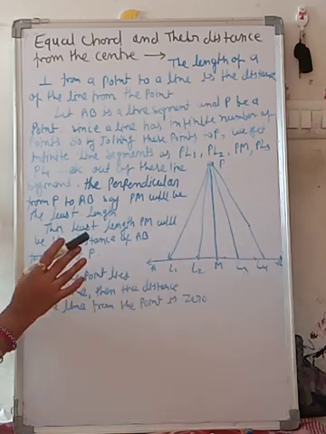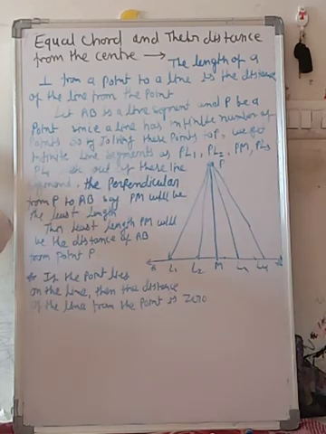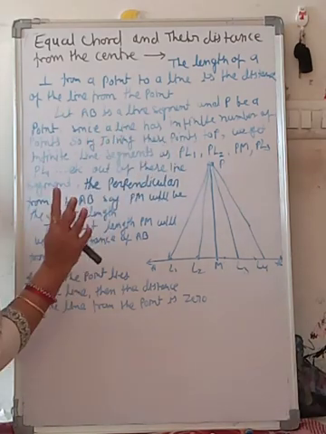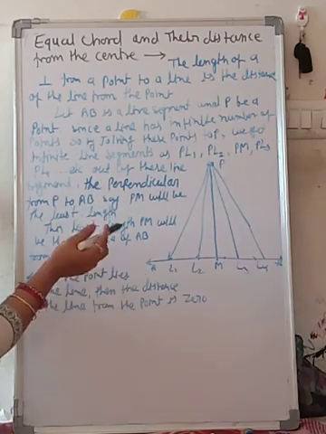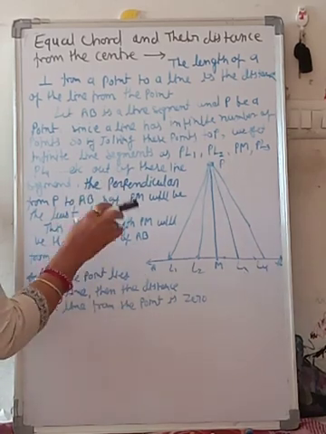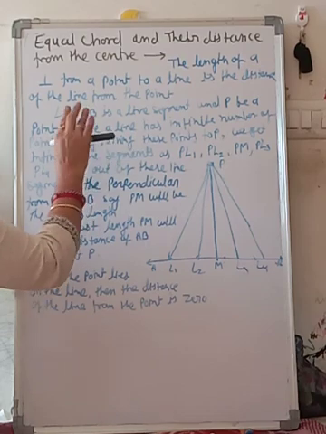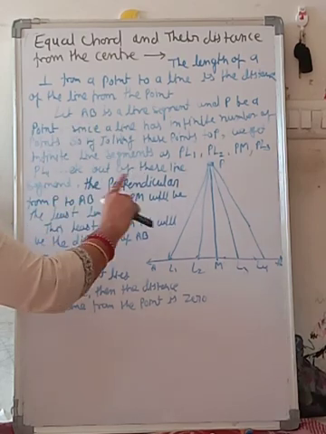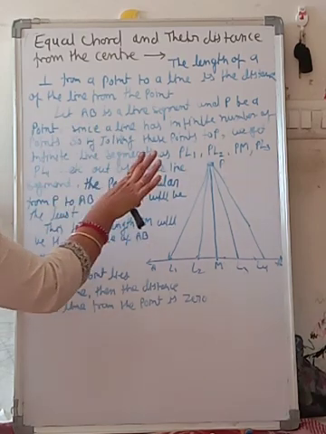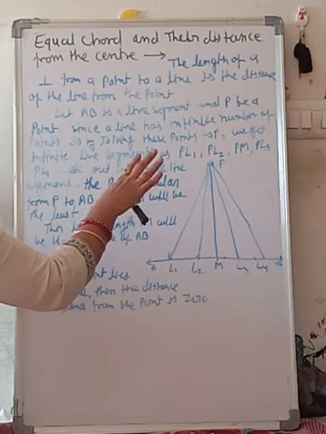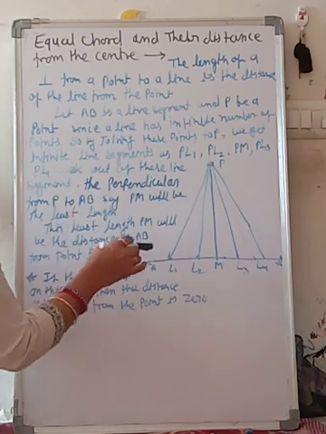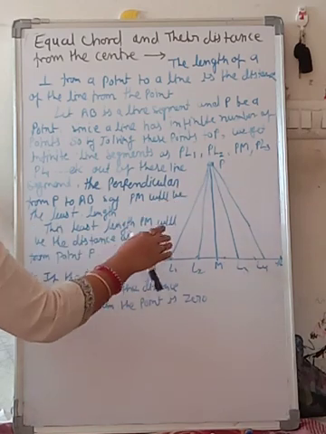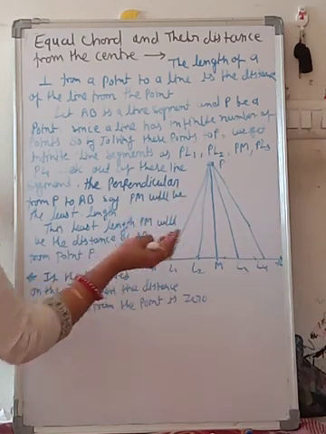Now let's apply this to equal chords and their distance from the center. How can we apply it in a circle? We know that a circle can have infinitely many chords, and we have observed by drawing chords in a circle that a longer chord is nearer to the center than a smaller chord.